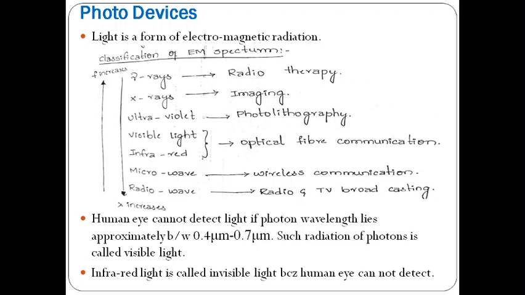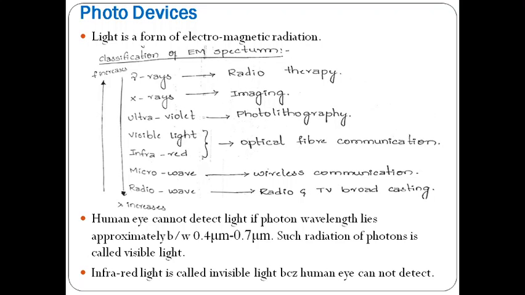In this we are discussing visible light and infrared light because these two are used in optical fiber communication. So the optoelectronic device will generate the light which is related to the visible light and infrared light wavelength.